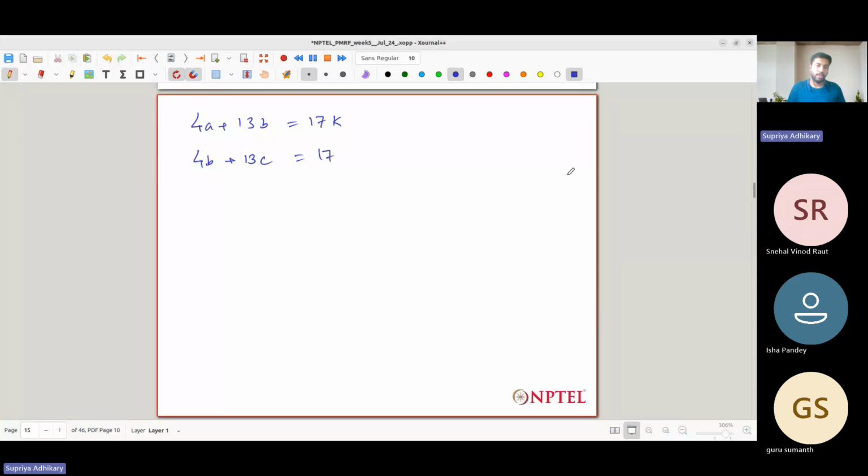So instead of K, we can write it as some M, where K and M are some integers.